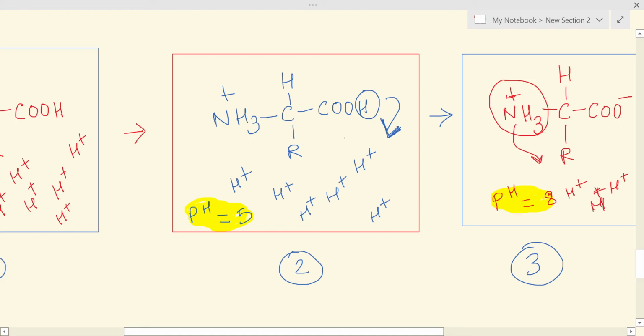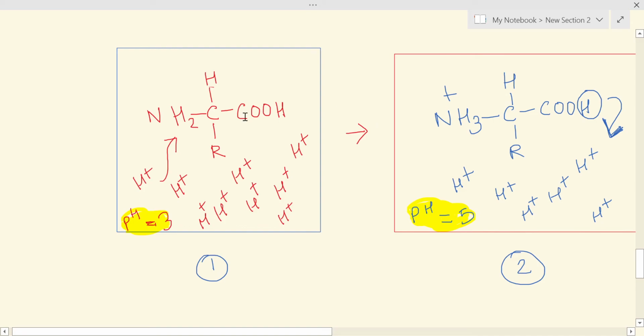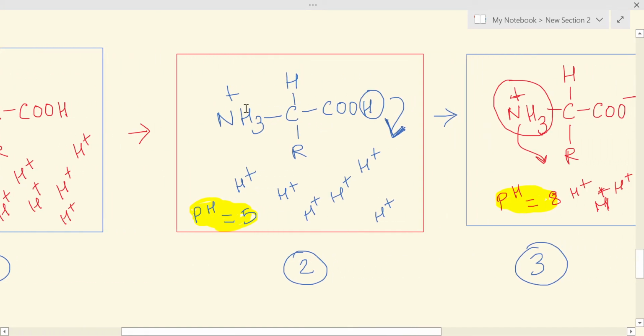To balance the imbalance in hydrogen ion concentration in the medium, this carboxylic acid will give its hydrogen ion to the medium. First, what happened? When the pH was low, there were several hydrogen ions in the medium, and as a result, NH2 acquired one of the protons from the medium to become NH3 plus.